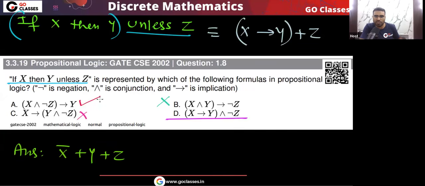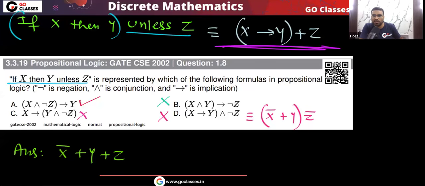And what about option D? If you simplify this, you will get X bar or Y and Z bar. You can check that this is also different from the given statement.